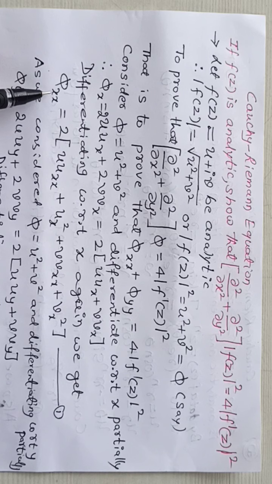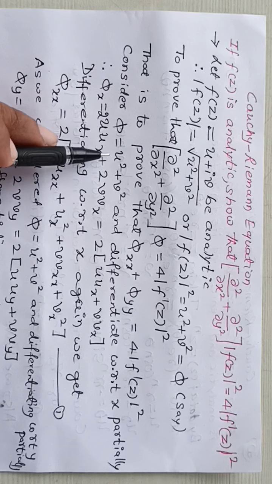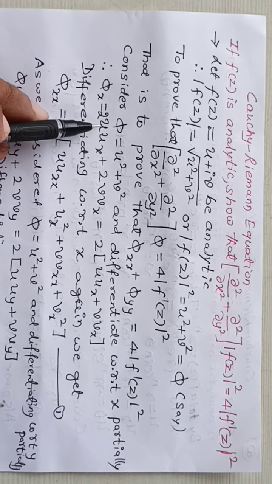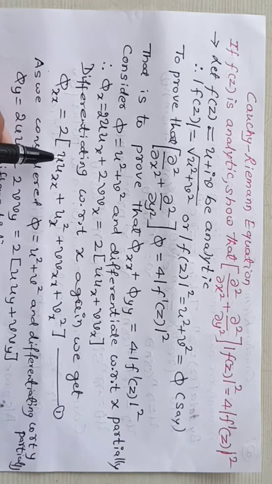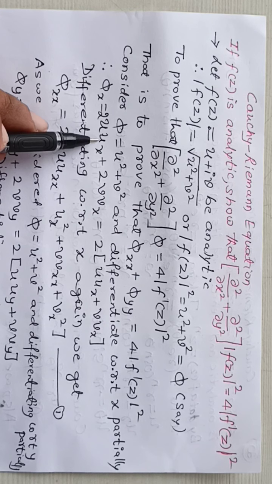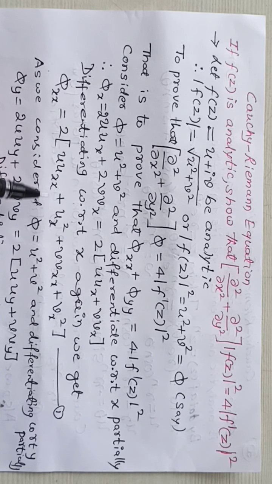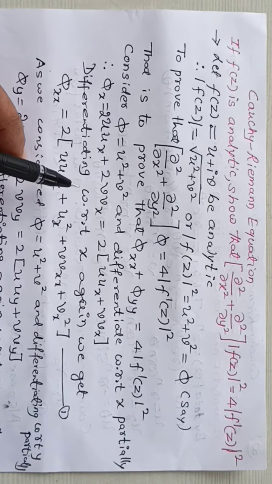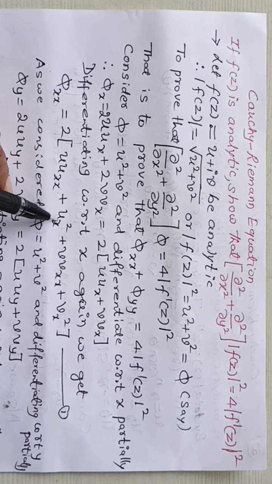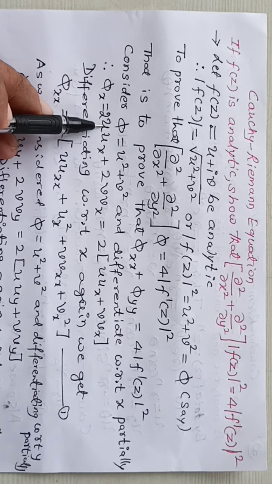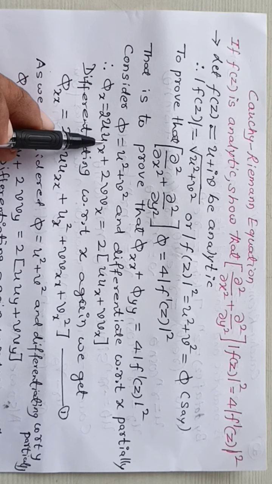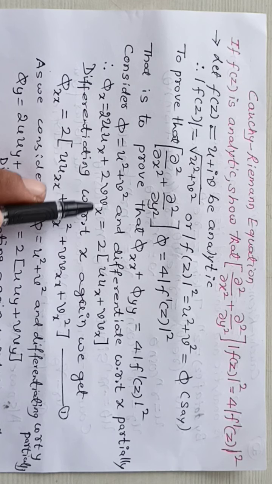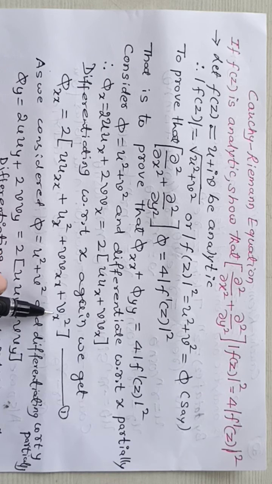We get φxx = 2[u uxx + ux² + v vxx + vx²], applying the product rule. Call this equation number 1.